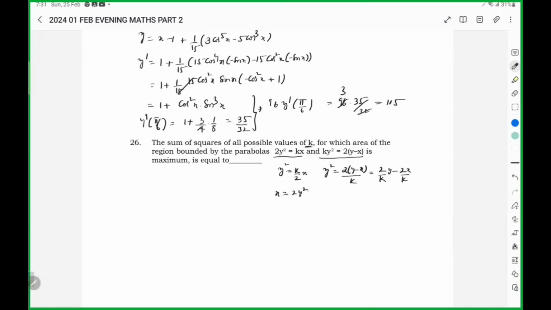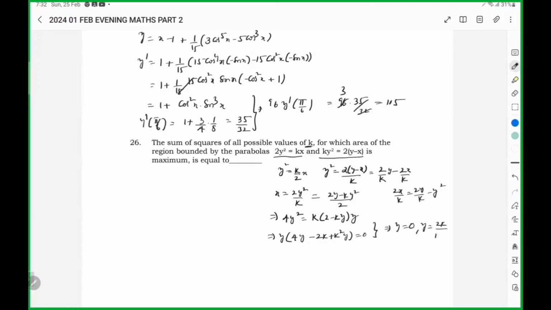So x here is 2y square by k, which is from here 2x by k is 2y by k minus y square. 2y minus ky square by... 4y square is k times 2 minus ky into y. So if you take y common, 4y minus 2k plus k square y, 0. Y is 0. Y is 2k by k square plus 4.